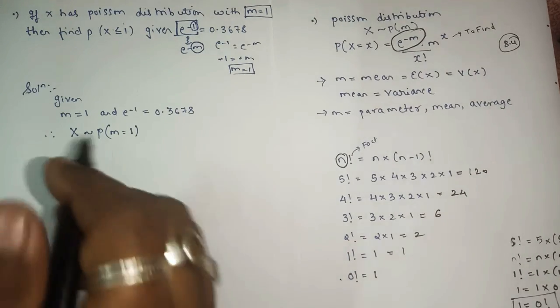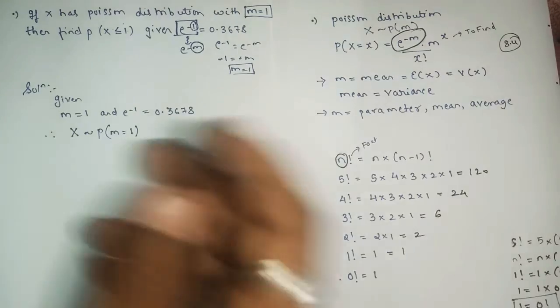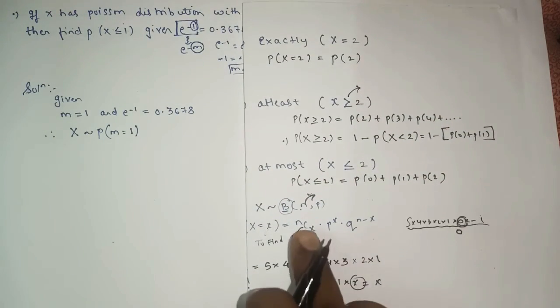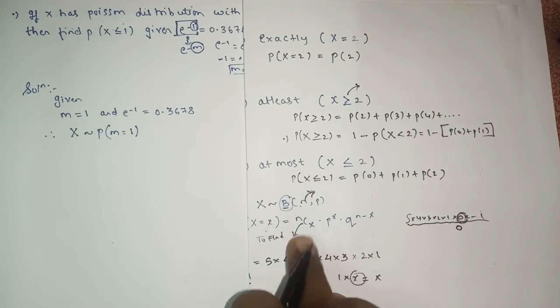So before writing the formula, in each and every sum you will write this step, as we used to write in the binomial distribution. Yes or no? This step we write first, and then after that we apply the formula.